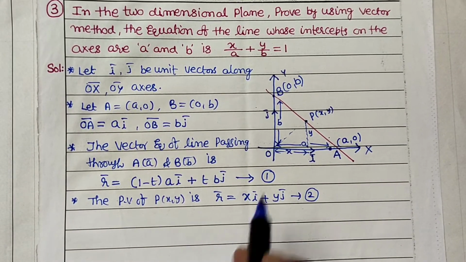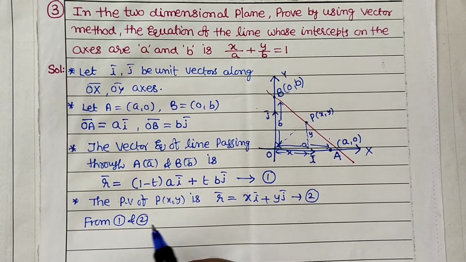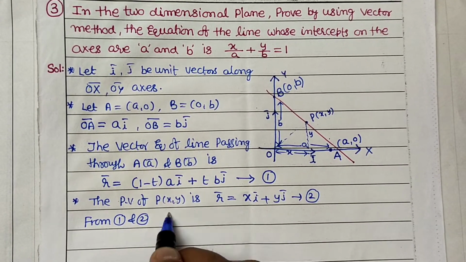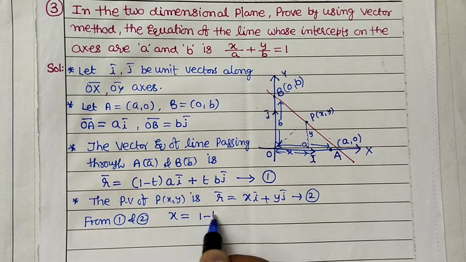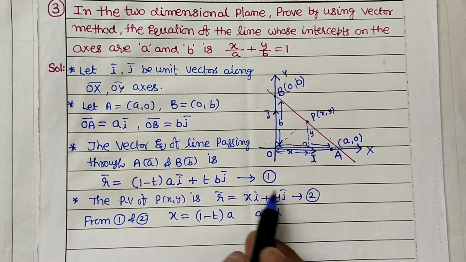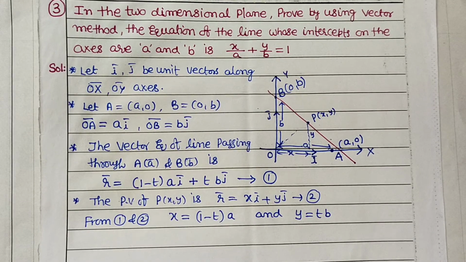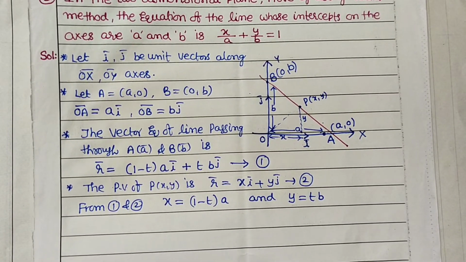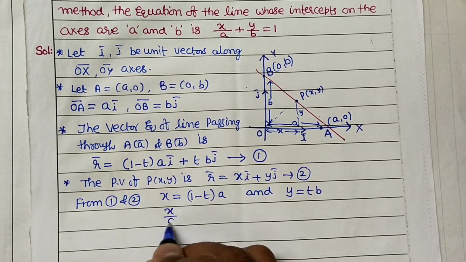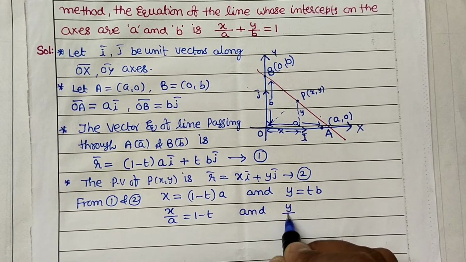From 1 and 2, comparing. Their I bar coefficients I am comparing. So x is equal to 1 minus t into a, and j bar coefficients I am comparing, y equal to t b. So from here, x by a is equal to 1 minus t, and y by b is equal to t.